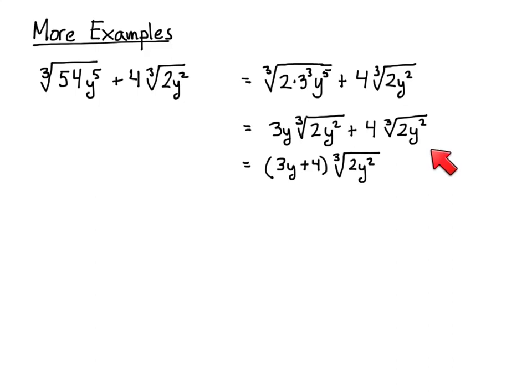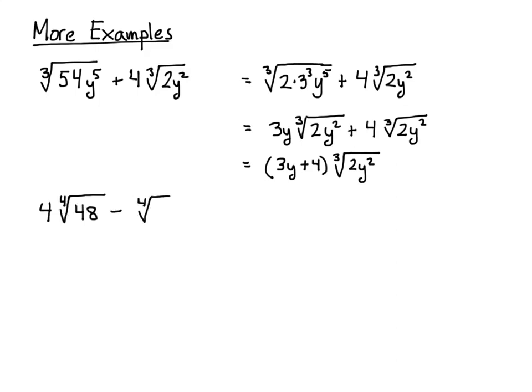So it's not necessarily that one is always superior to the other. It really depends what you're looking for. The second one is what we're looking for in this context, but ultimately, you can really say that 3y doesn't add to 4 and get you anything simpler than something with parentheses. So a little bit of this is a matter of interpretation.